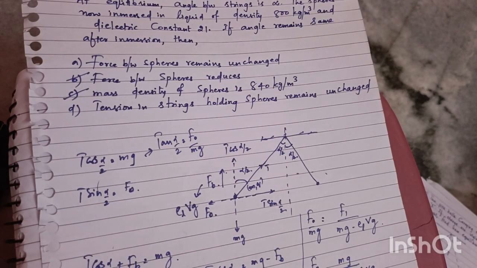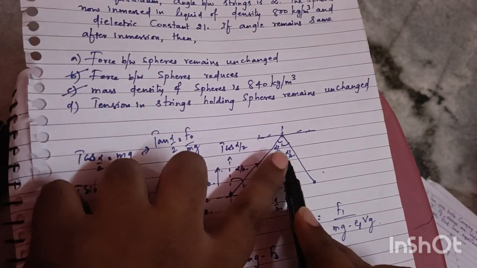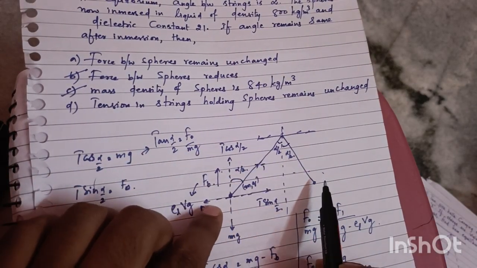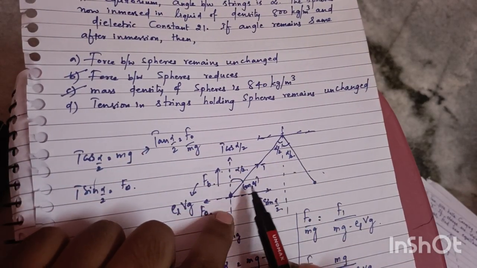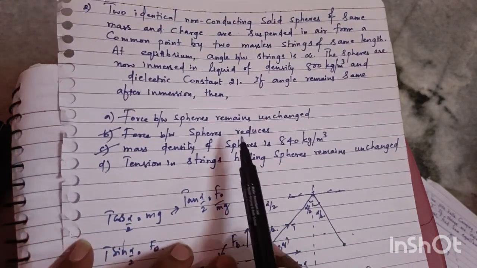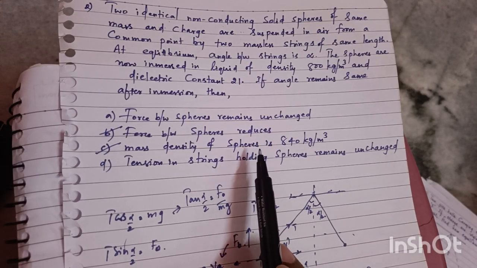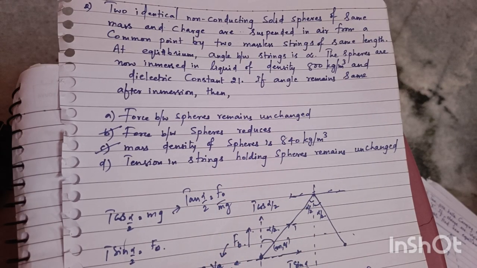If force is not changed, then distance would have changed, but distance is not changing because the separation angle is not changing. So tension and force both should change. The first option, remaining unchanged, is not correct, and the second one is correct. And for the fourth one, they've given that tension is not changed, but tension will change.